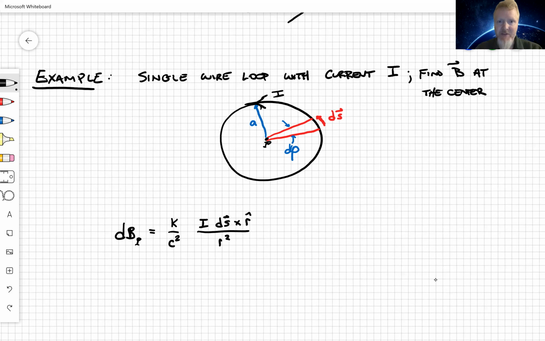The r hat vector is the one that points from ds to where I want the field. So it's inwards pointing, right? You've got to be careful with this because r hat is always pointed from ds to the location of the field, your point P.